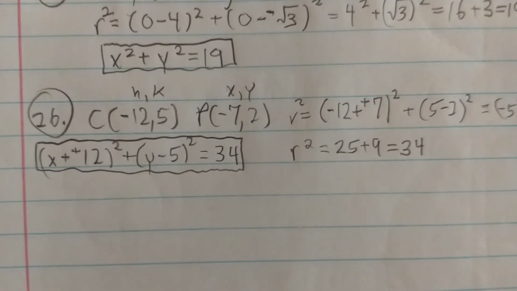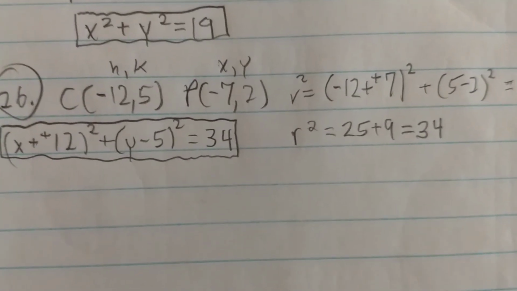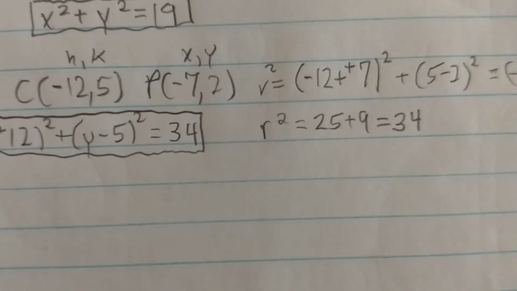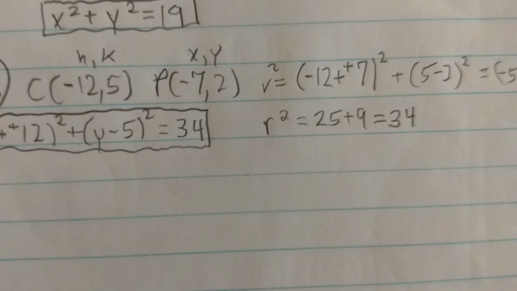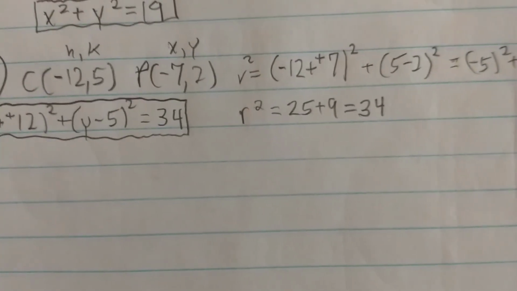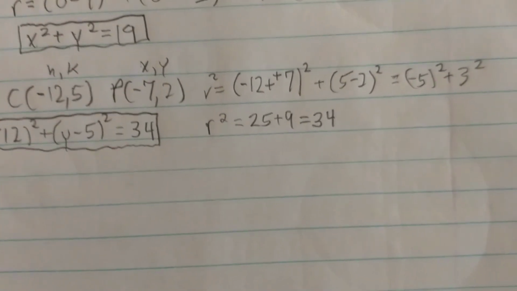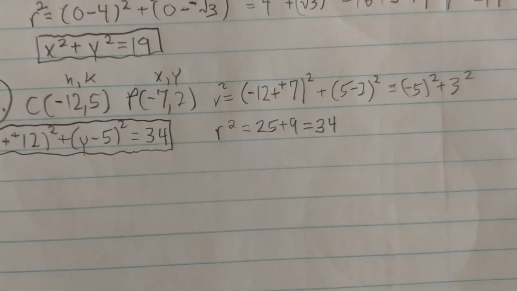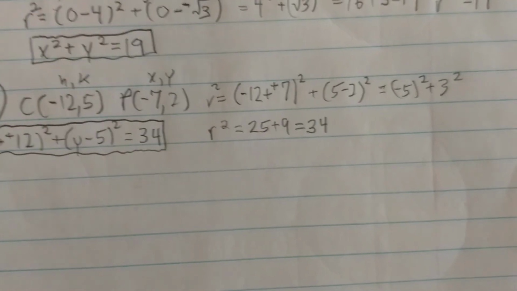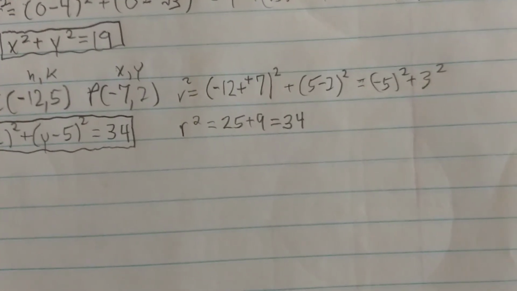Now for 26, we have a little bit more numbers. h and k for the center of the circle is negative 12, 5. And a point on the circle itself is negative 7, 2. So the radius is the h minus x, or negative 12 minus the negative 7, which is negative 5, and the k minus y, 5 minus 2, squared is 3.